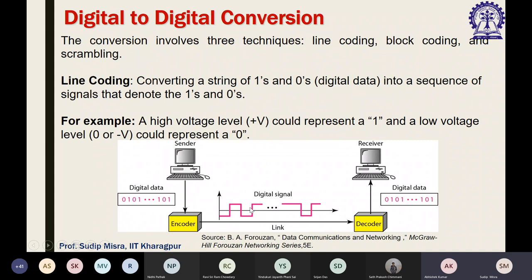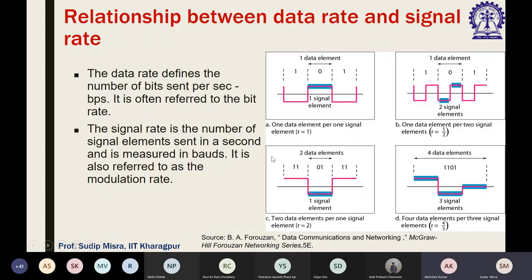So let us have a look at this particular picture. You have 1, 0, 1. Here it is encoded this way, that 1 is minus V volts, and 0 is plus V volts. So you see that this is one signal element.